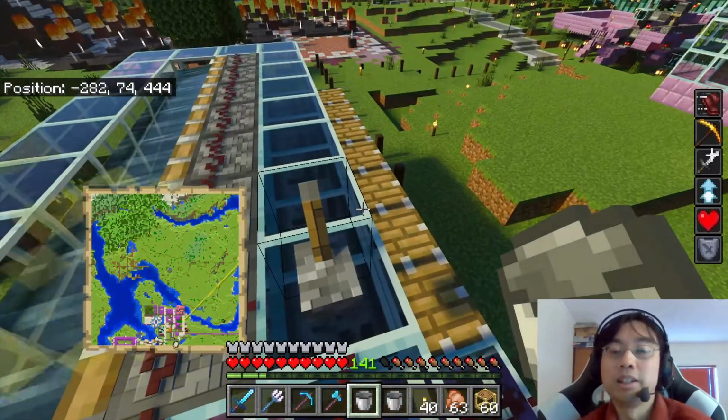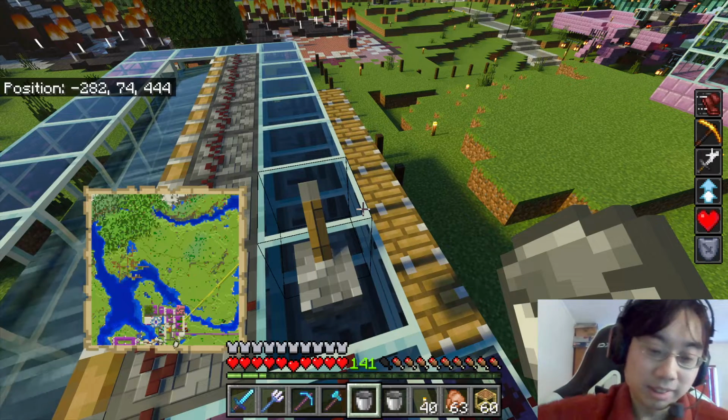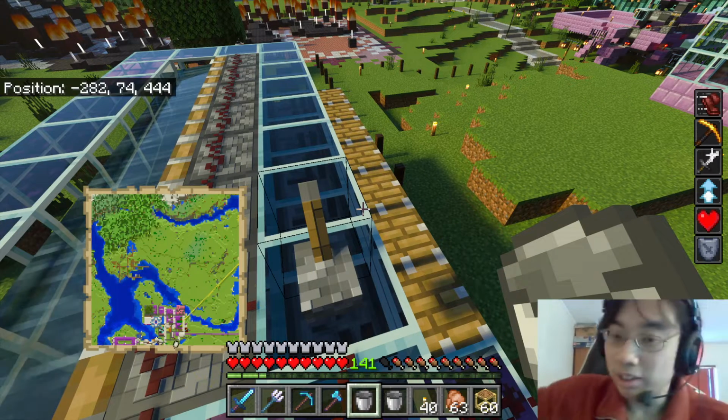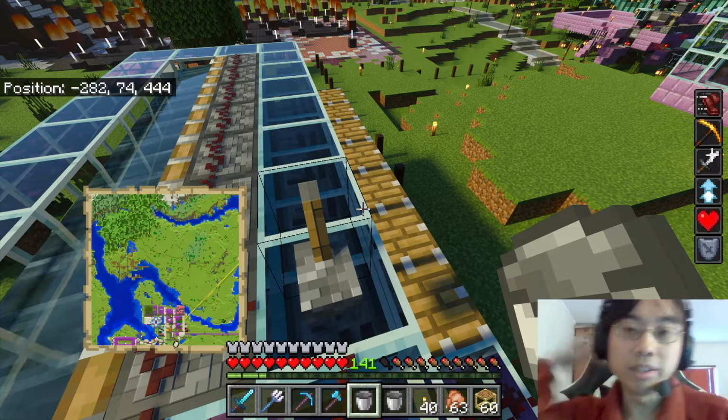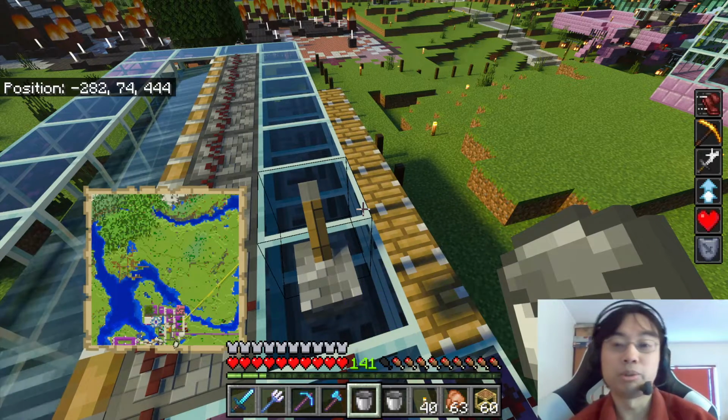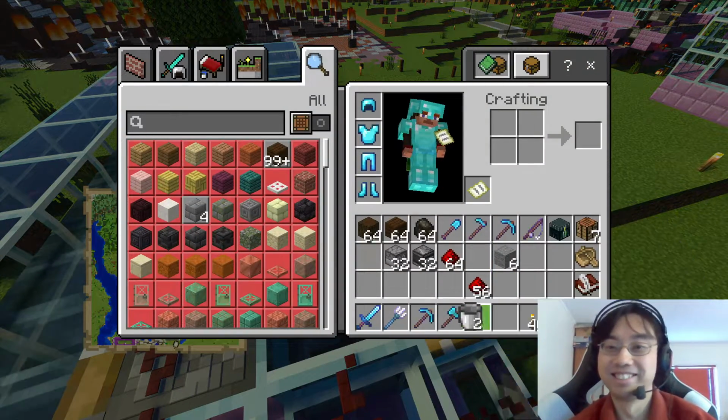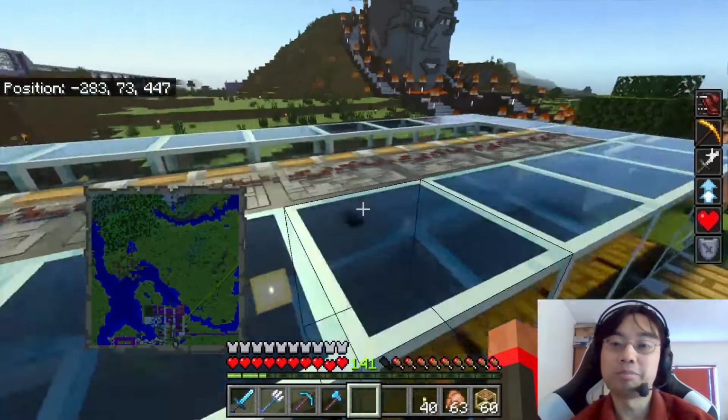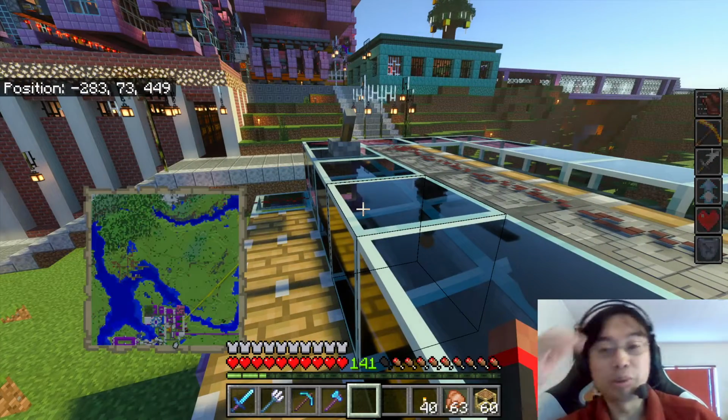Okay. And this should allow us to have a stone generator that never generates cobblestone, in theory. In theory, okay.